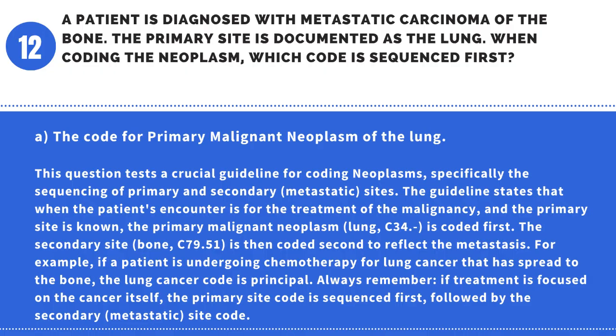The secondary site, bone, C79.51, is then coded second to reflect the metastasis. For example, if a patient is undergoing chemotherapy for lung cancer that has spread to the bone, the lung cancer code is principal. Always remember, if treatment is focused on the cancer itself, the primary site code is sequenced first, followed by the secondary metastasis site code.